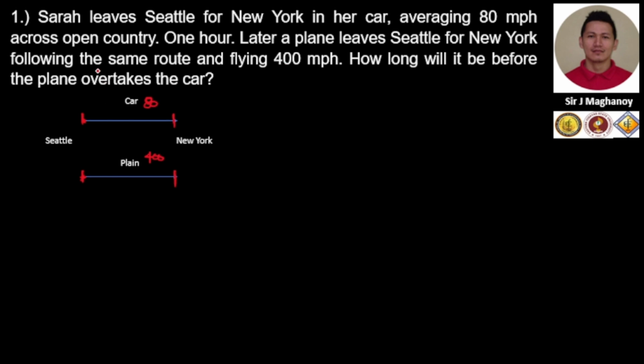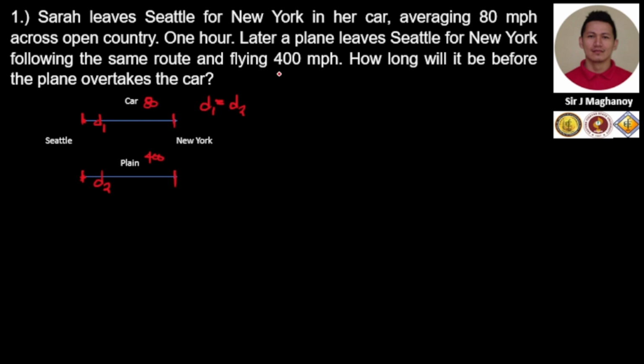Now, what is our observation here? It's obvious that the distance from Seattle to New York does not change. So we can say that the distance the car traveled and the distance the plane traveled are equal. So we can start with this: the distance of the car is equal to the distance of the plane.